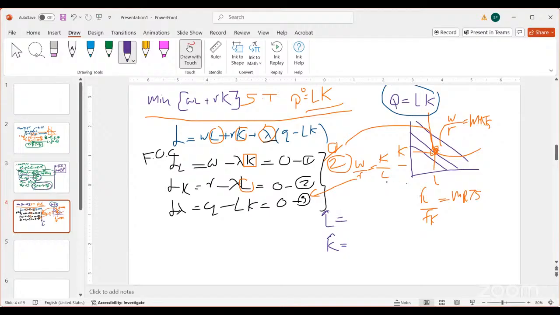So this particular exercise, you can do the exercise. Definitely in the exam, I'm going to give a question.